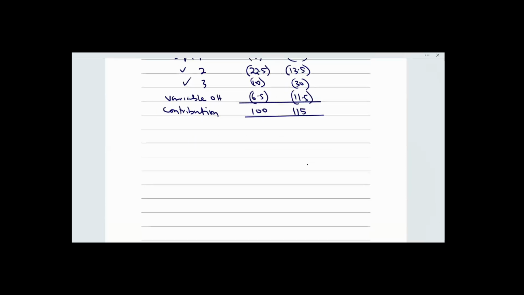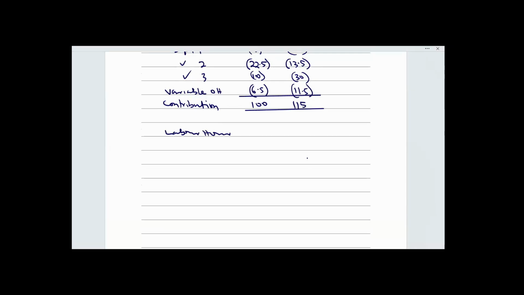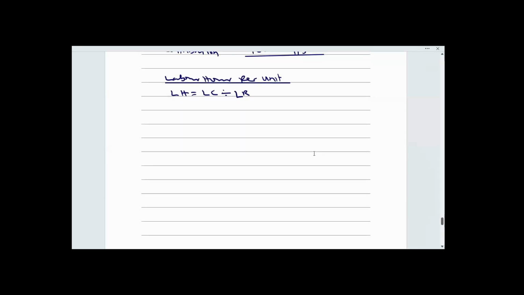I want to determine labor hour per unit, which is labor cost divided by labor rate. For department 1, for Toro, let me just do it one by one.